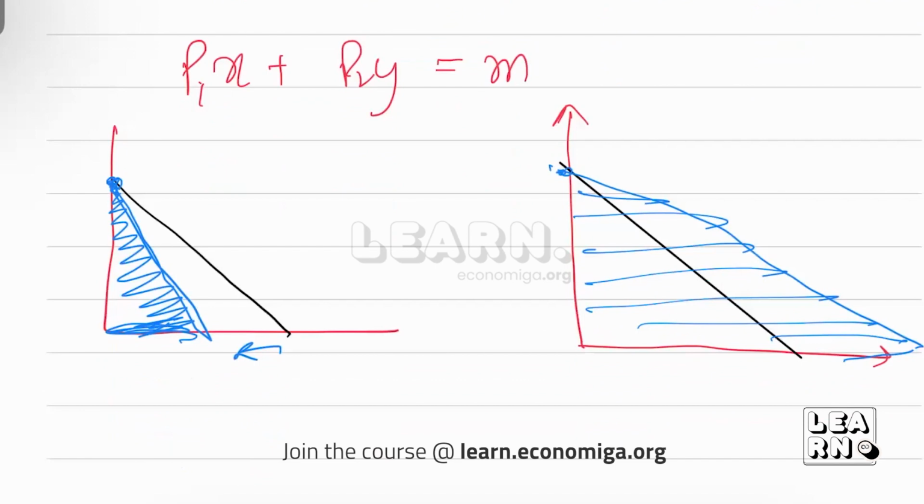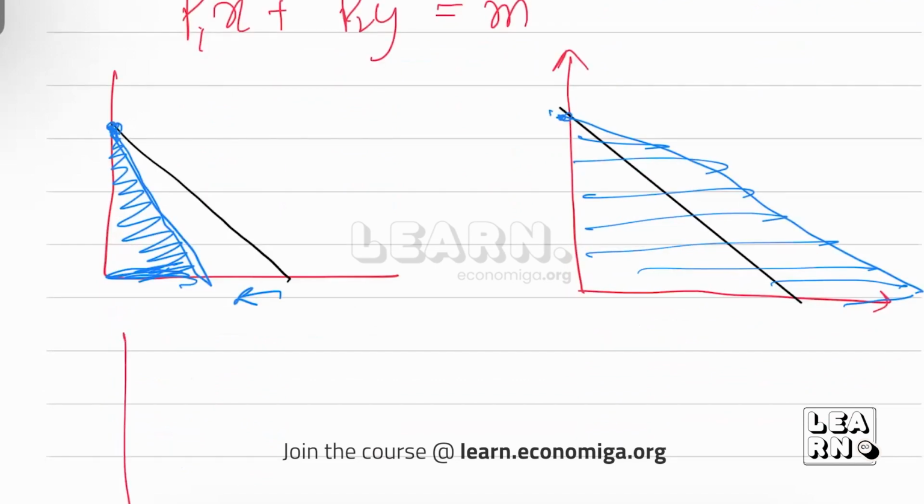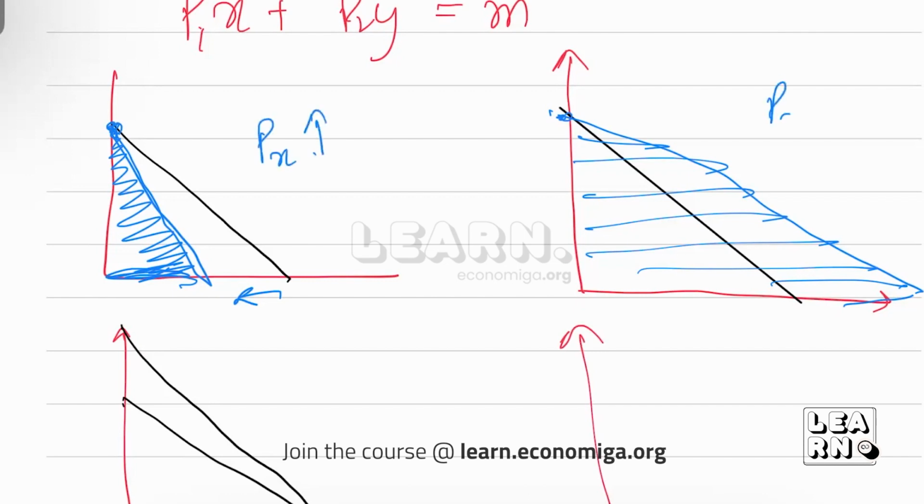You can do the same exercise with good Y prices. If this was the original budget line and the price of good Y has fallen, you'll buy the same amount of X, but more of Y. This was the price of X falling, this was the price of X rising, this is the price of Y falling, and this is the price of Y rising.